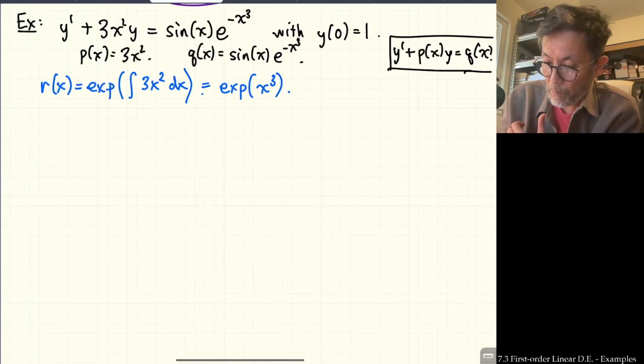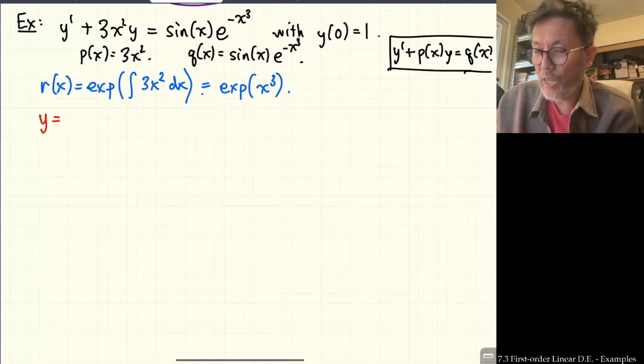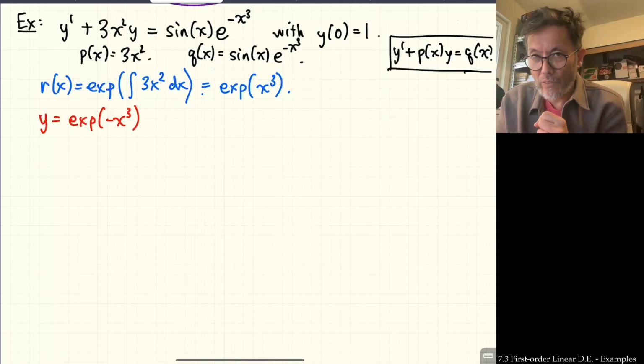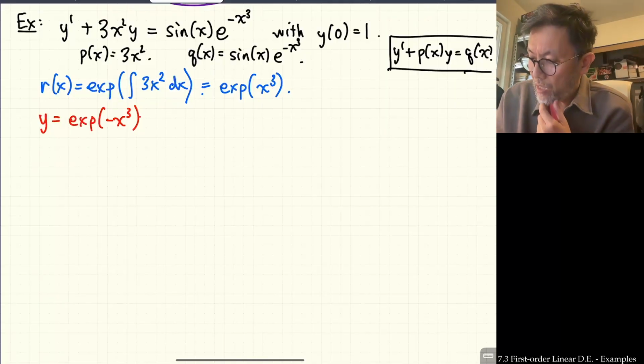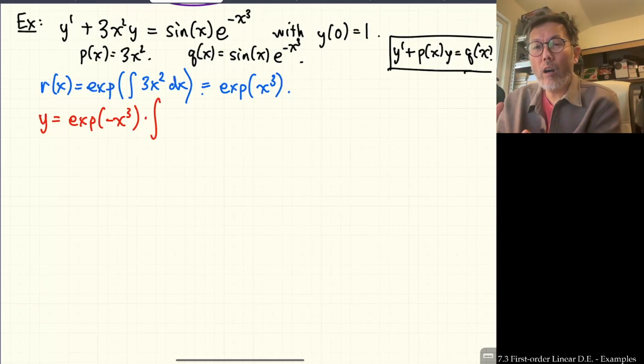Nice. Then what is the general solution? The general solution is 1 over r, so that's exp of negative x cubed. Think about that negative sign there, times the integral of r times q.